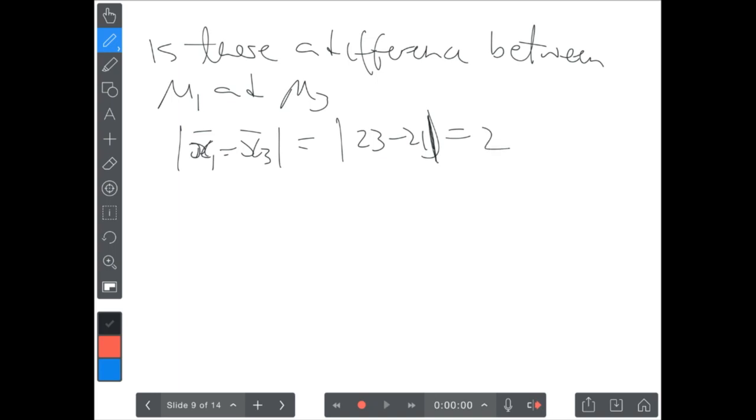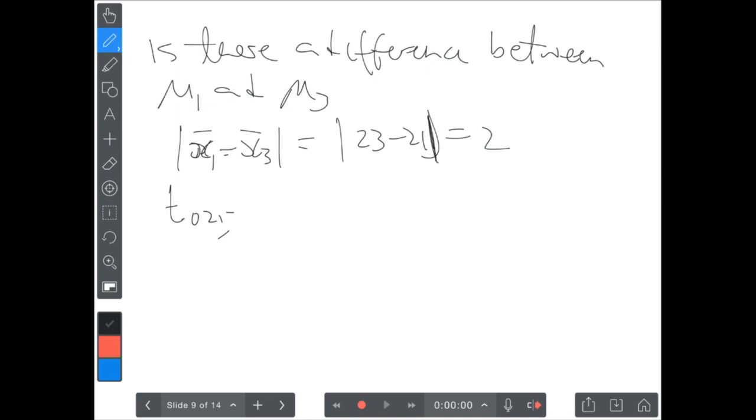Let's find the LSD. We need the critical t value, t.025, with the degrees of freedom n1 plus n3 minus 2, so 4 plus 4 minus 2, which is 6.